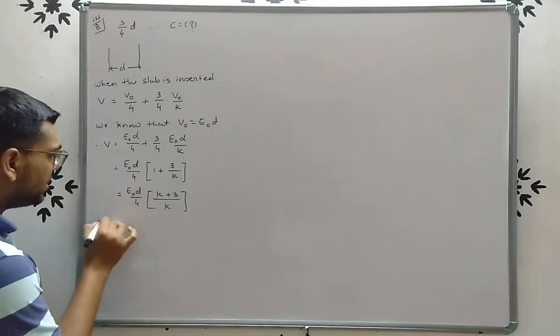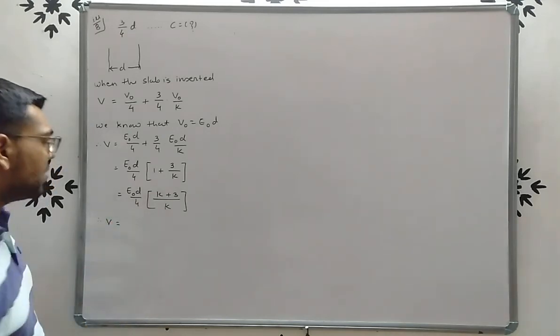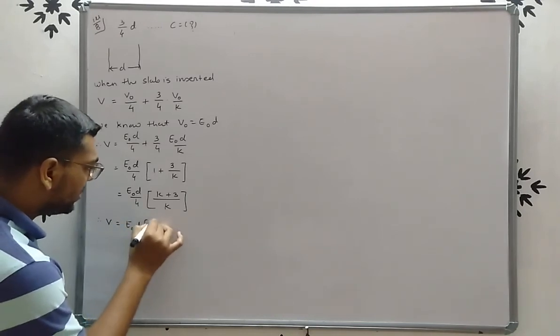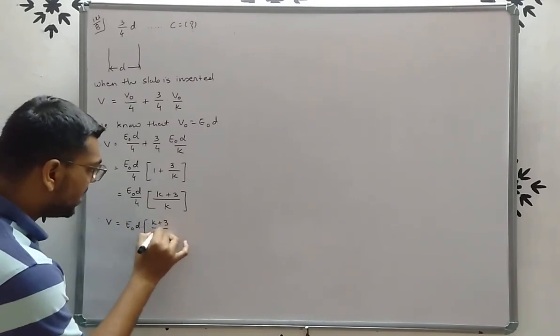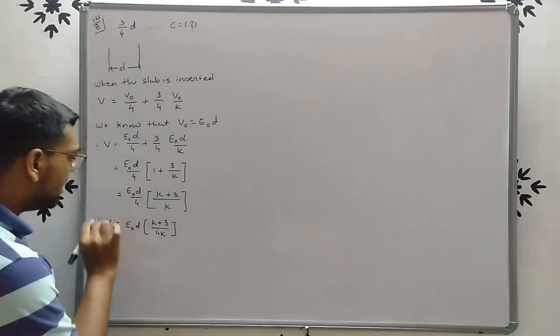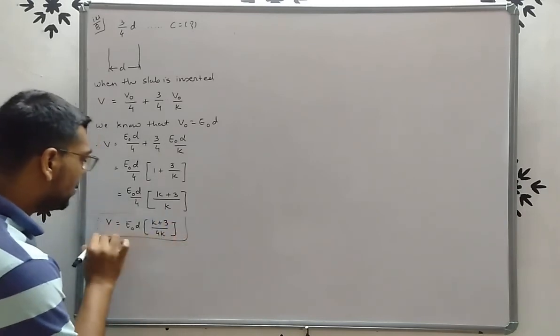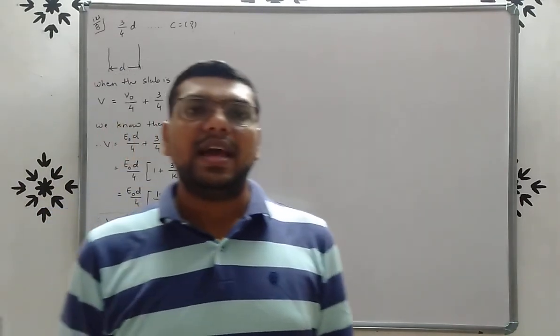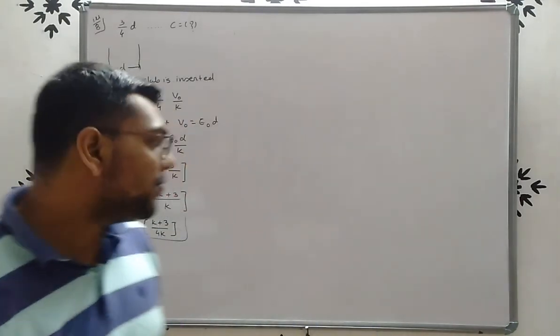So potential V is equals to E0D into K plus 3 by 4K. This is the potential when there is a dielectric having a thickness 3 by 4d.